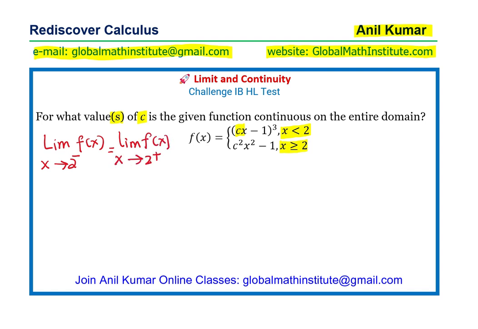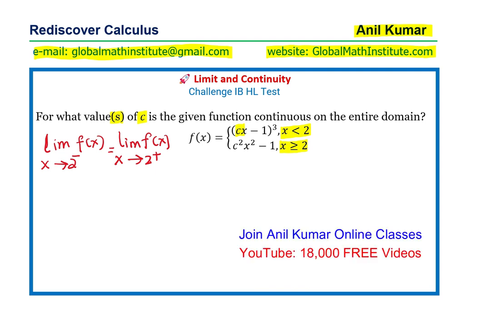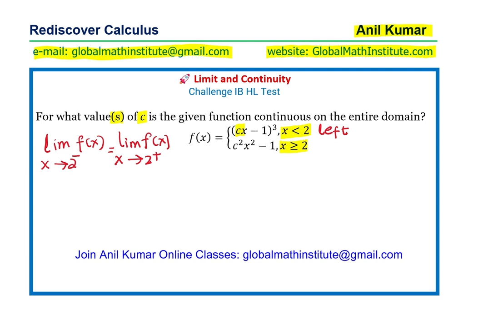That's what it means. Well, in limit, always L is lowercase. Perfect. When I say the limit approaching from the left side, this is from the left side, and this is on the right of 2, the right side.